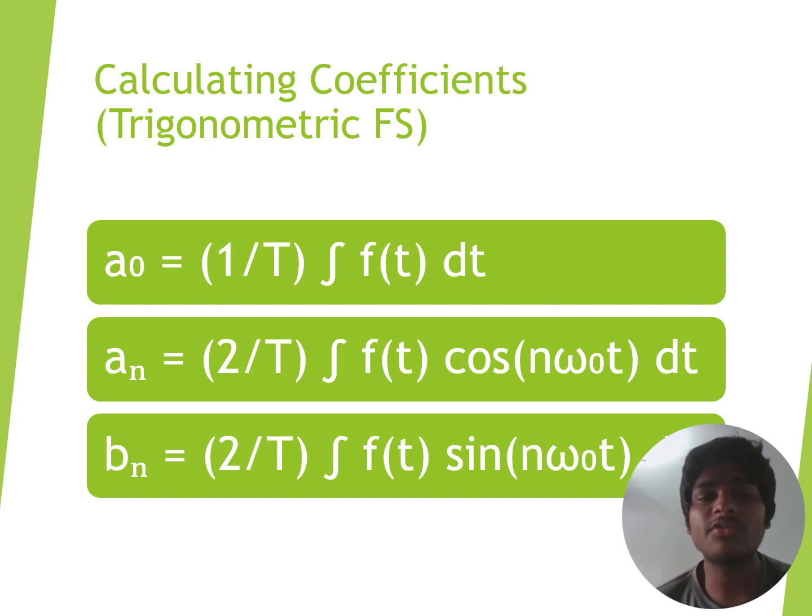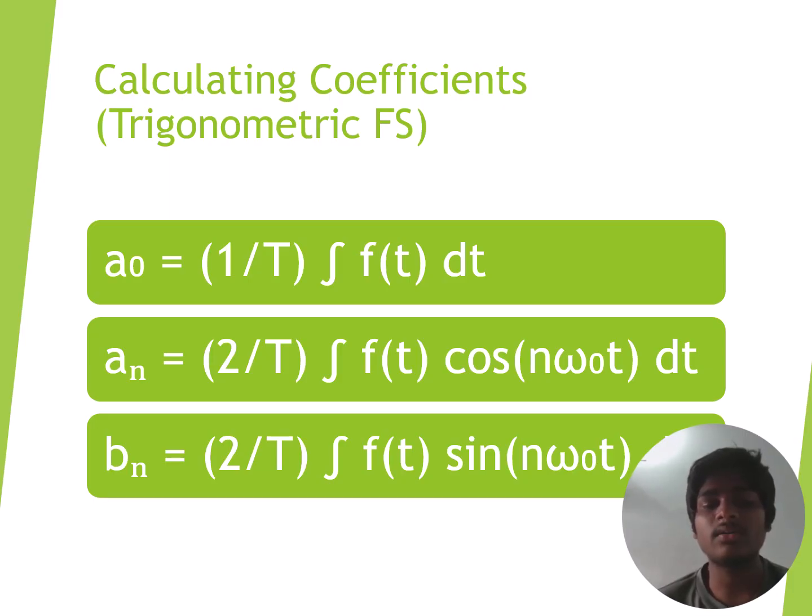Calculating the coefficients of trigonometric Fourier series. a naught equal to 1 by T integral of f of t dt. This is the general formula of a naught. a n equal to 2 by T integral of f of t into cos n omega naught t dt. b n equal to 2 by capital T integral of f of t into sin n omega naught t dt.